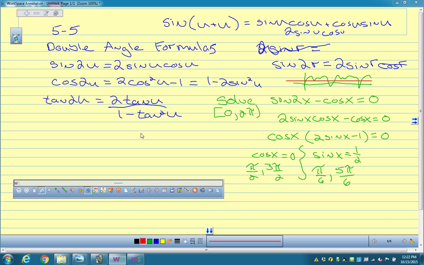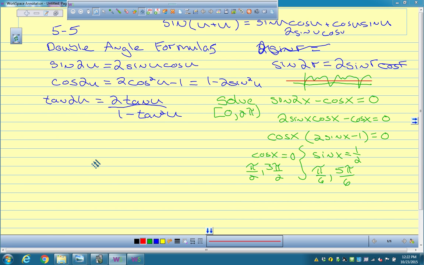Another type of problem that you're going to see is cosine of theta. So they'll say something like cosine of theta is equal to 5/13, and theta is between 3 pi over 2 and 2 pi, like this.